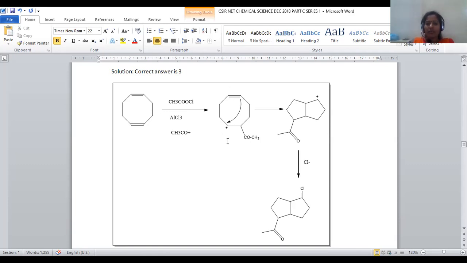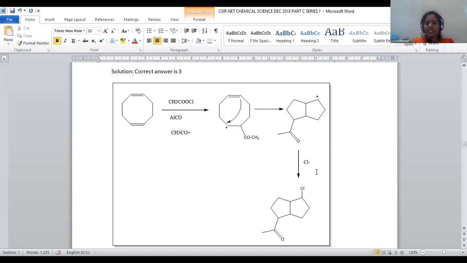One more cyclic ring formation is possible, because when compared to an 8-membered ring, a 5-membered ring will be less sterically hindered, so that this olefinic bond will be shifted towards this side, and a new carbon-carbon bond is generated in order to make the single ring structure into a bicyclic ring. Whenever cyclization is carried out, there is a formation of a carbocation, because the adjacent carbon loses electrons and turns into a carbocation.